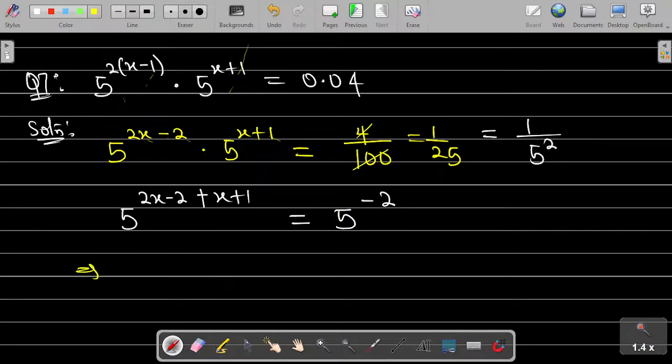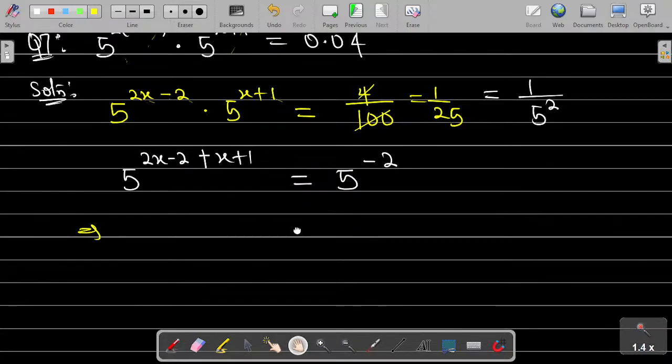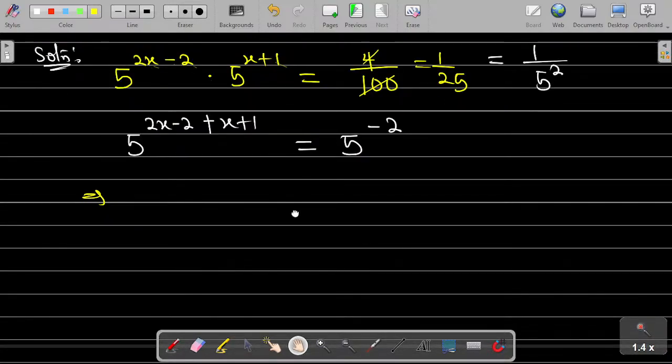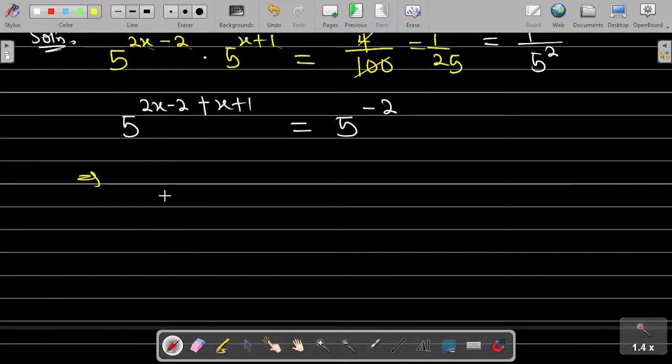All right, and so since the bases are the same, automatically the powers will be the same. So here we will have 2x plus x, which is 3x, then minus 2 plus 1, which is minus 1, to be equal to minus 2. And then, of course, we are going to have 3x is equal to minus 2.